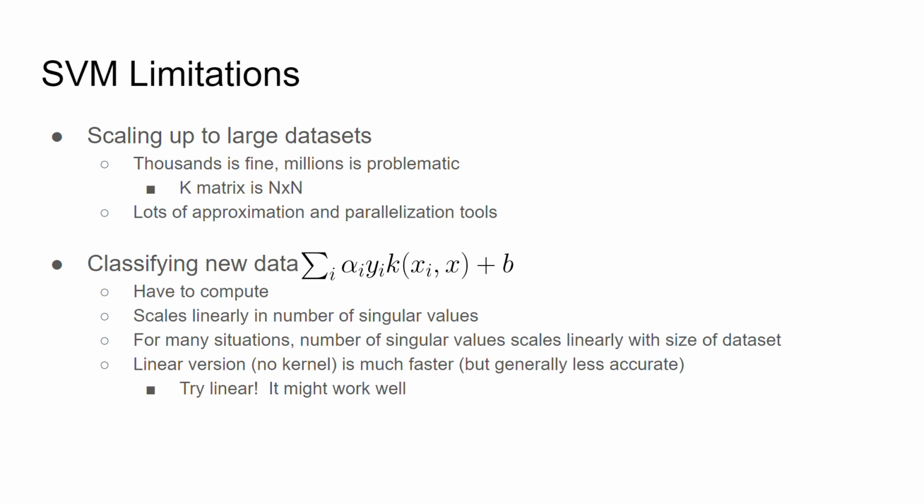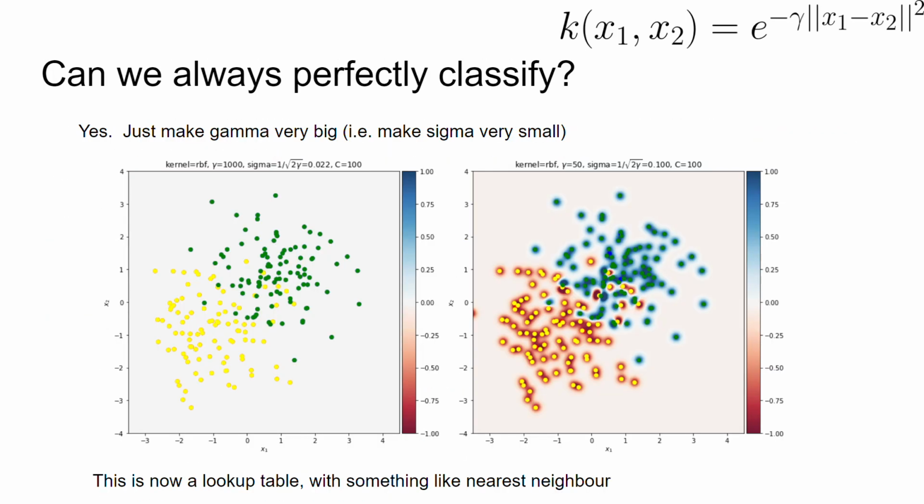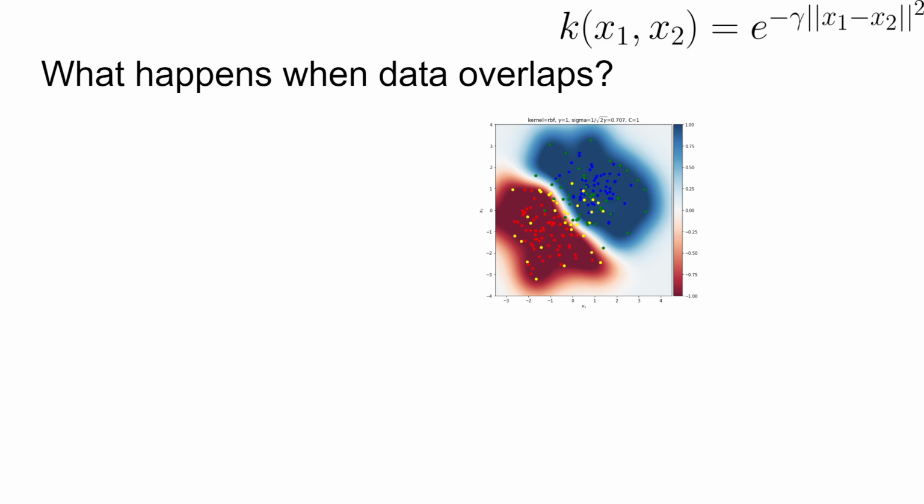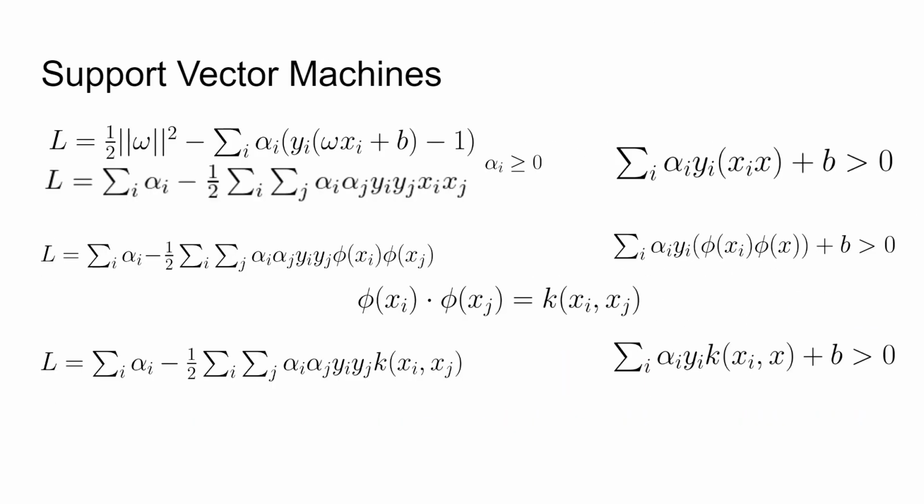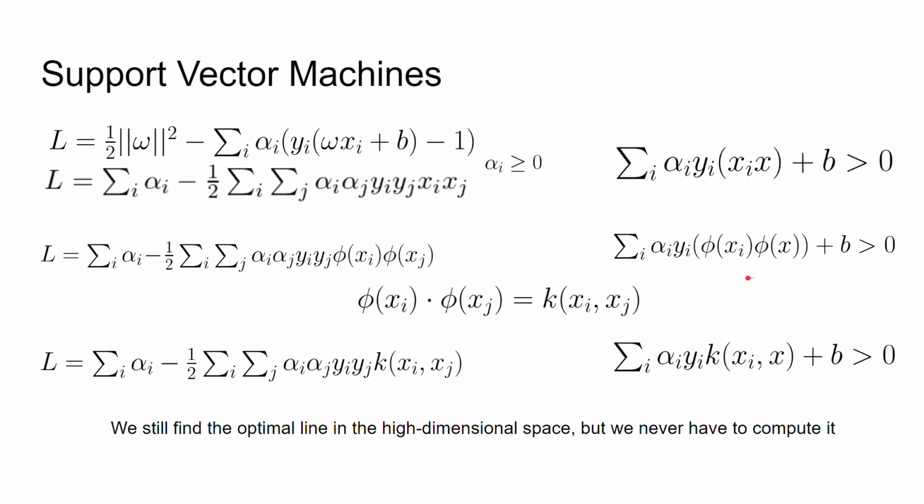So when computing, I don't know where we've got it, probably all the way back to the beginning of the presentation. We've got to compute this sum here, which has every single possible combination. So we have to compute the kernel function on every pairing of our data.